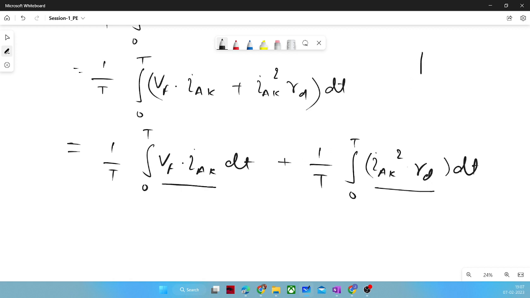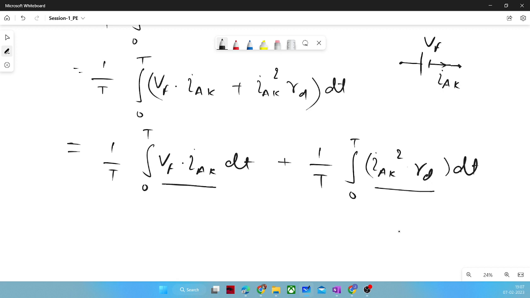You remember we modeled the diode with one element being VF and IAK was flowing. So it will give us the average power since VF is constant. If you have the VF and IAK curve also, you can compute the area of that curve and you will directly get the power loss during that period.